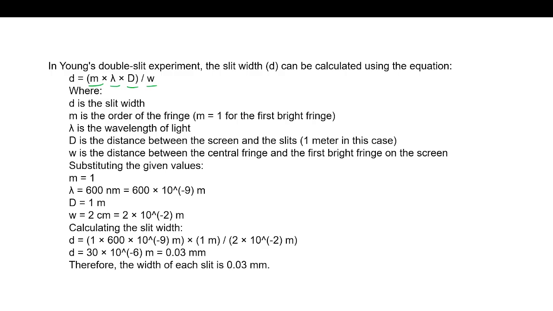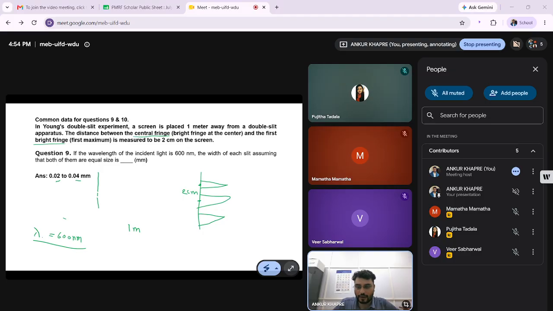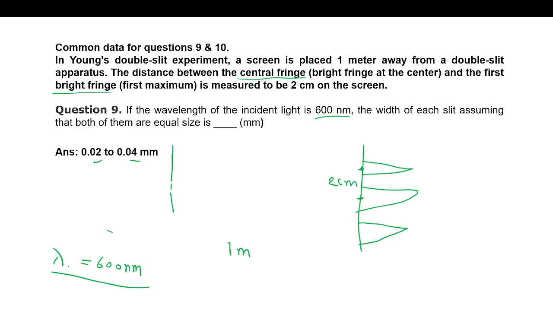So we are talking about the first maxima from the central fringe, so M is equal to 1, and lambda is the wavelength of the light, which is also given here, 600 nanometer.